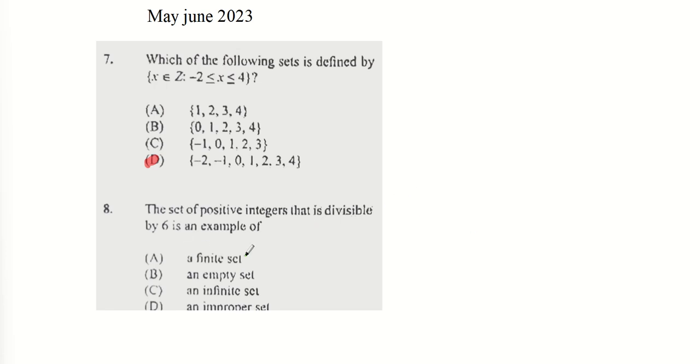That is not a finite set. You cannot count all the elements. A finite set means you could count all the elements. That's not possible with this. An empty set would mean there's no element that is divisible by 6. And the next one is an infinite set, which you cannot count. So the answer would be C for this question.